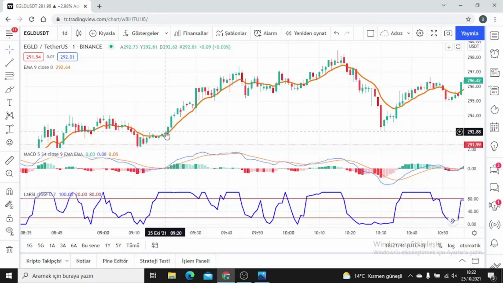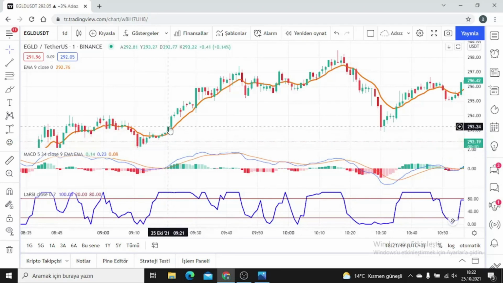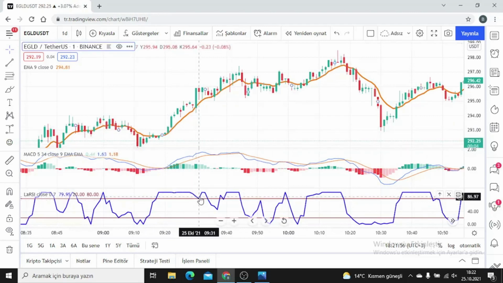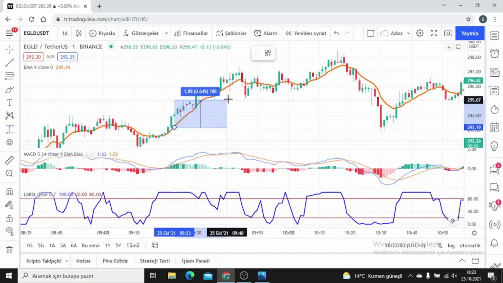If you enter the trade before MACD, you can take this risk. But then MACD also intersects. Look, MACD intersects here, so you can enter the transaction at the MACD intersection here, not here. You buy it here. Law RSI is giving a sell signal there. It gives a sell signal here, so you exit the transaction here.